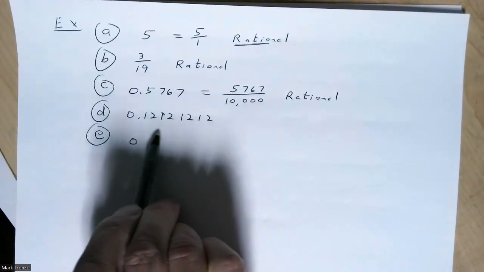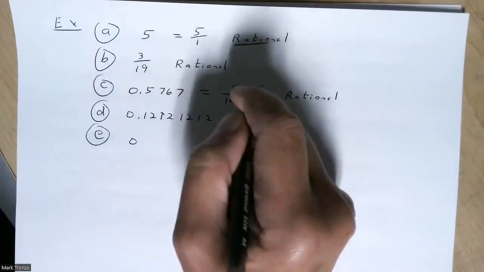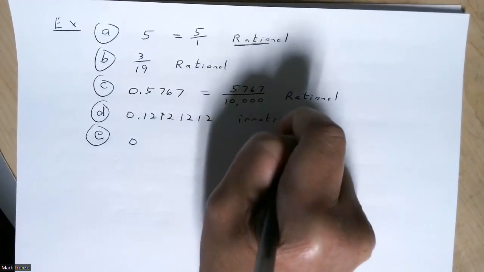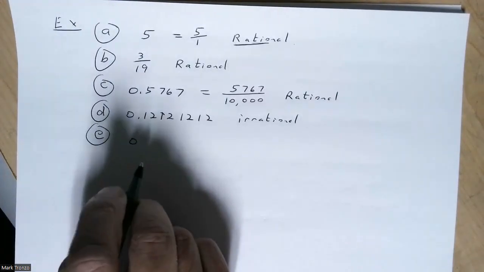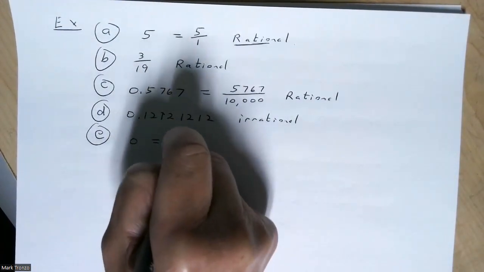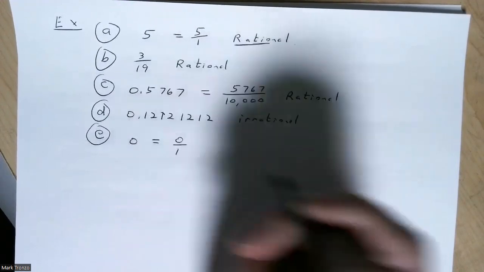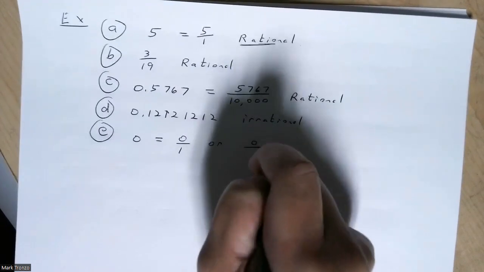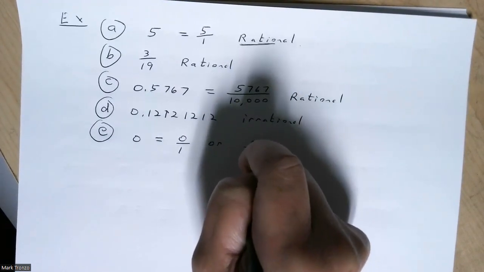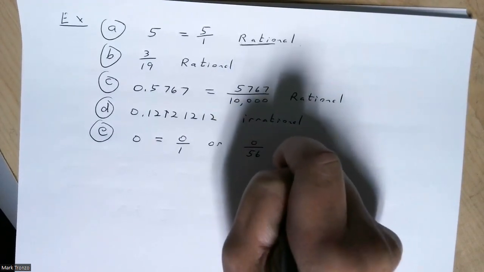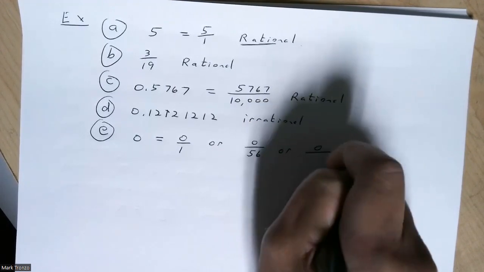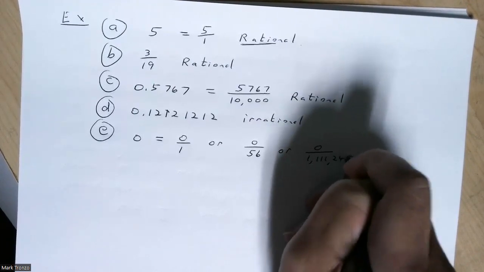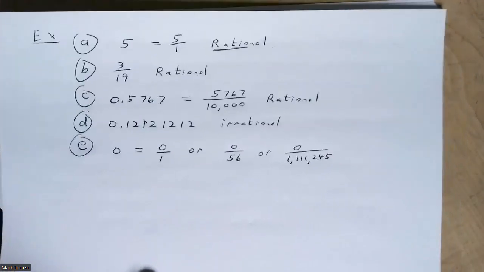And actually, when you have something repeated like this, that's usually going to be irrational. And 0 can be written as 0 over 1, or you could write it as 0 over 56, or 0 over almost any other integer you want.